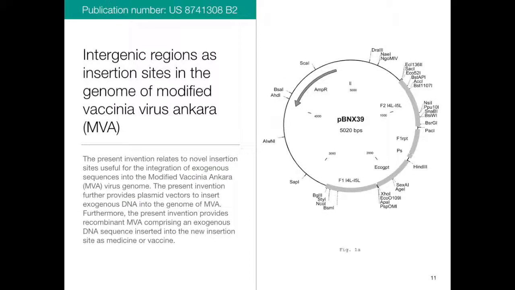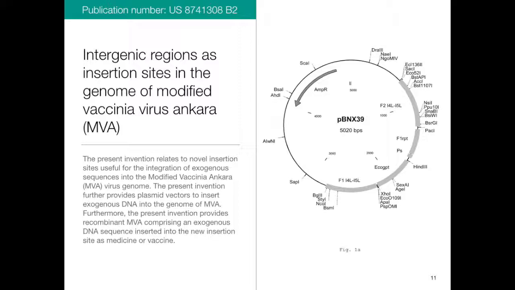Number 10. Intergenic regions as insertion sites in the genome of modified vaccinia virus Ankara, MVA. The present invention relates to novel insertion sites useful for the integration of exogenous sequences into the modified vaccinia Ankara, MVA virus genome.